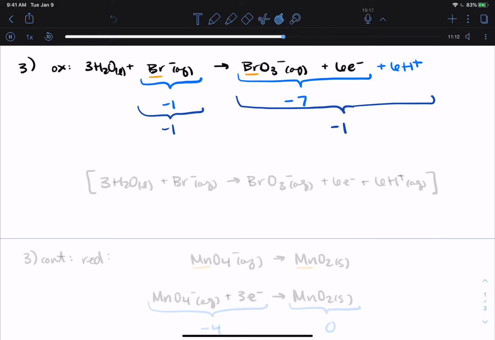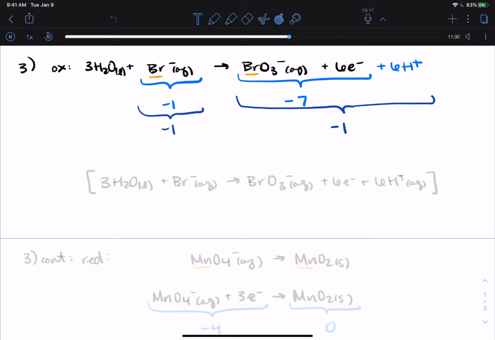So if you get to this point and you don't have the right number of H pluses and oxygens, or if this were a basic solution, the OH minuses, in order to make a full molecule of water, you should go back and check what you've done so far.